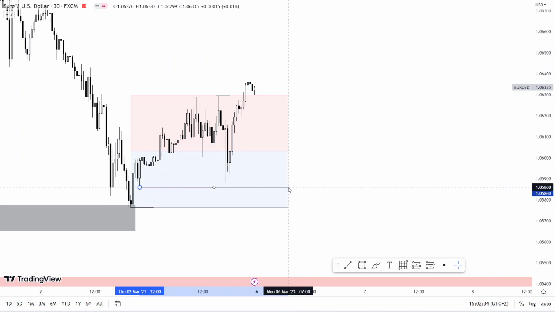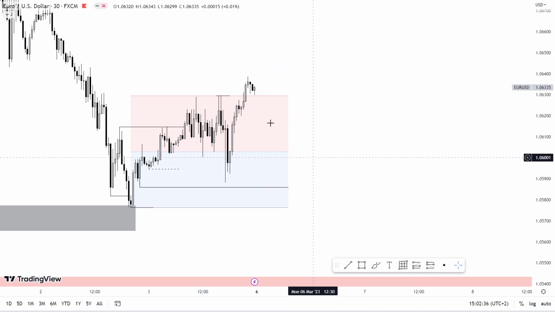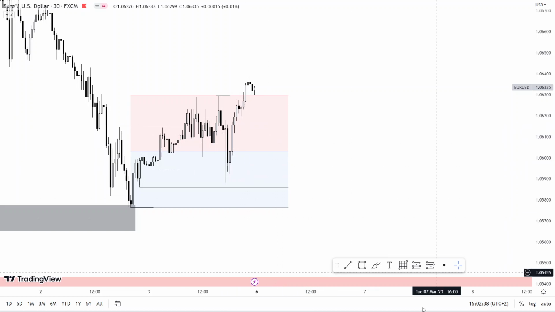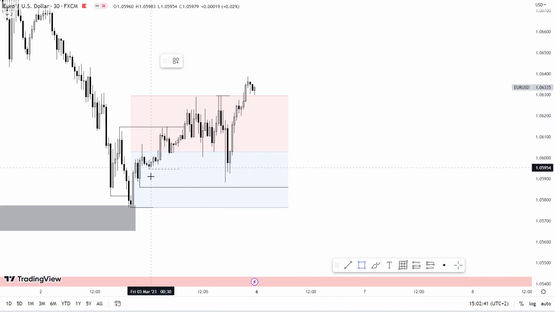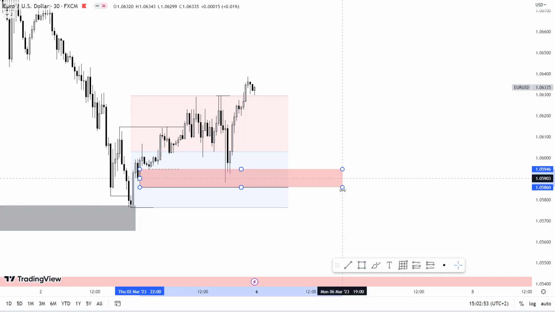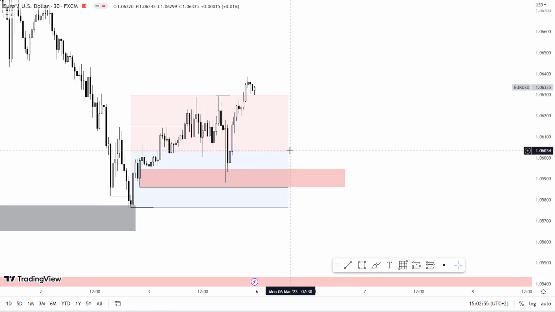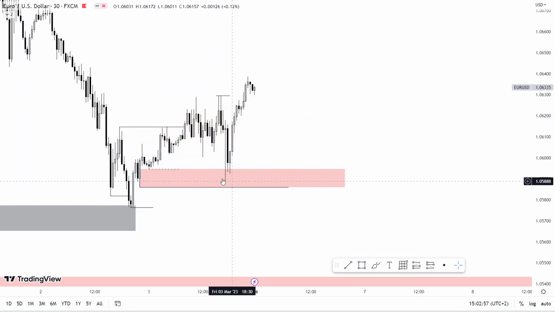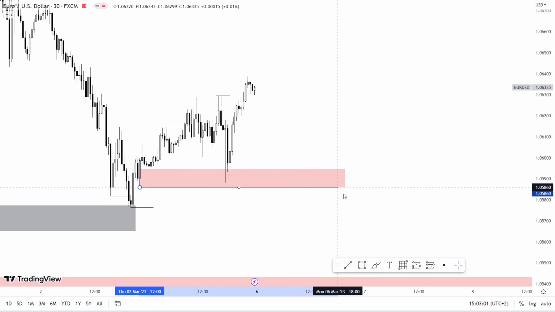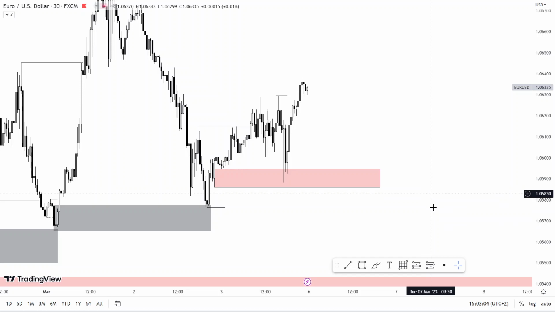So if we want to see price trading below this inducement level or this level of liquidity, but we don't want to see it trading below here, then it means this area right here is now your buy zone. You want to be a buyer from here.